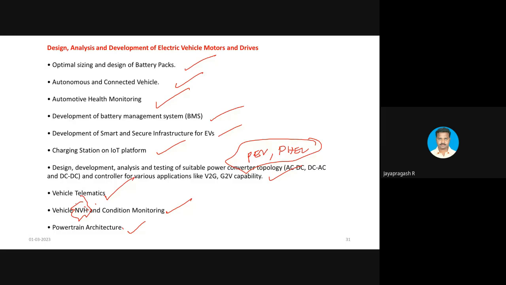Using these formulae, you can develop constraints. Use any optimization algorithm, whether it's a genetic algorithm or Wolf algorithm. Day by day, many thousands of algorithms are available. You can make use of any existing optimization algorithm using your own constraints. You can have a multi-objective function. The cost function you have to derive.